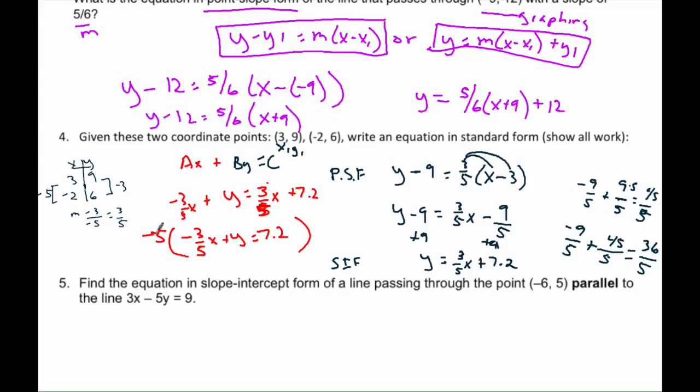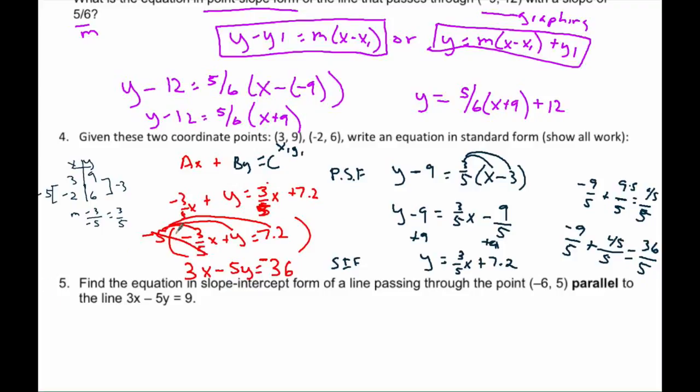So the negative times the negative is positive, the fifths cancels out, and I get 3x minus 5y is equal to 36, but in this case, -36, because I'm doing the distributive property.